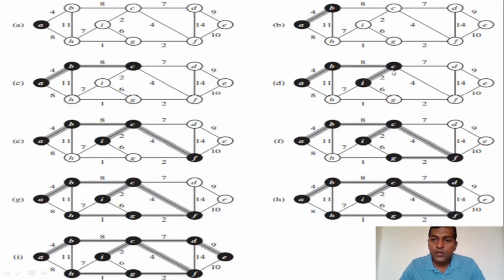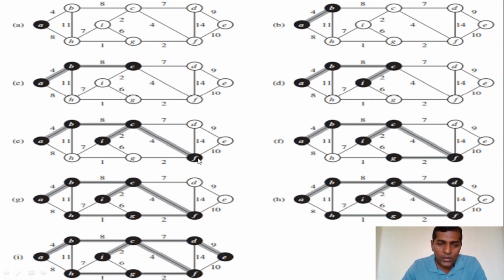So we have chosen the weight C to I, that is 2, and after that we'll move to the next part. Among all the available edges, we have got C to F as the minimum, so we'll choose C to F, that is 4.